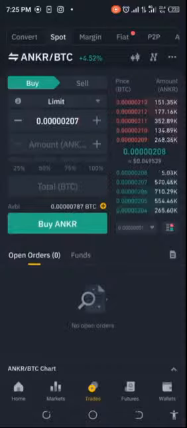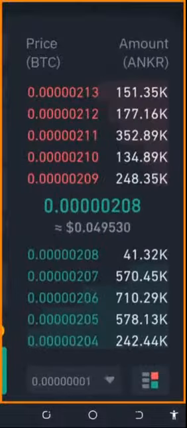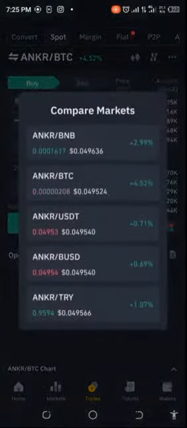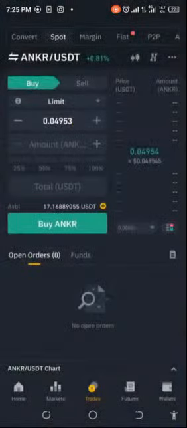And you can do the same, as long as you can see that there's movement, there's velocity, there's buying and selling. If you check ANKR USDT, you'll see that it's sold practically immediately. Look for coins that have a lot of inter-exchange. As you can see here, it's moving. It's not stagnant.